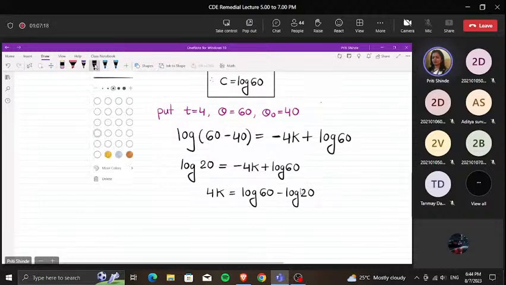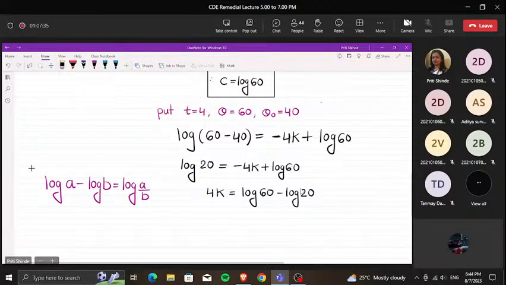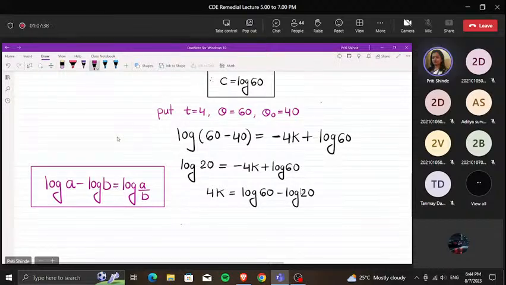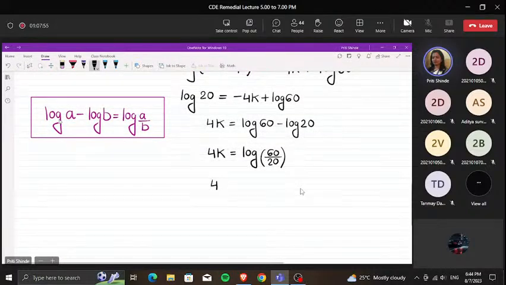Now a very, very important property of log: log of A minus log of B is log of A by B. It's not log of A minus B. It's log of A by B. So by using this property, 4k is equal to log of 60 by 20, so 4k is equal to log of 3.